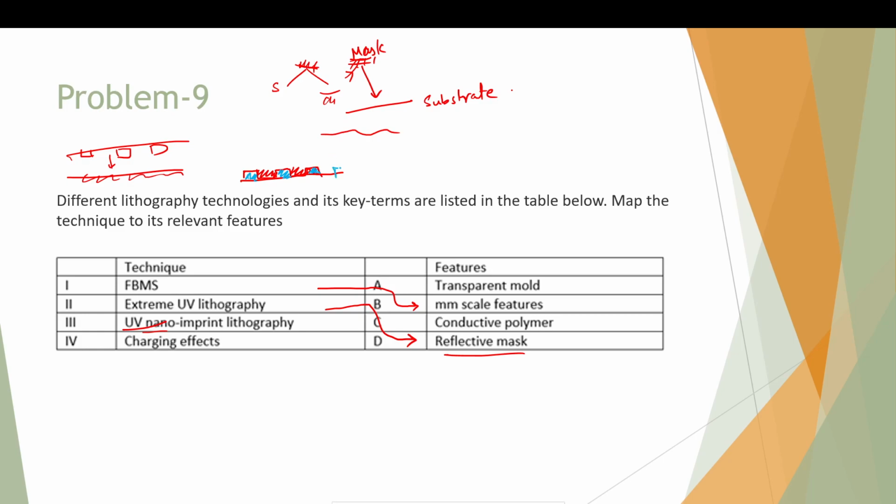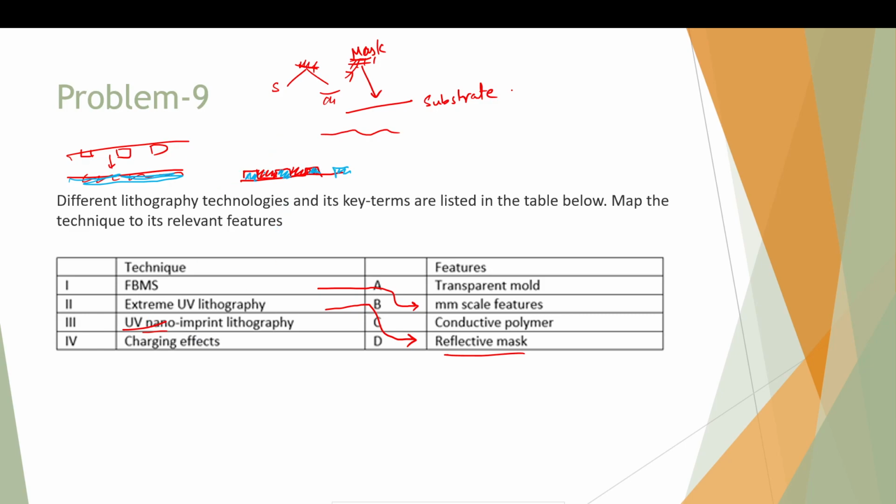The blue part is my PR, the red part is mask. I just press the mask onto my PR so that the PR gets removed from the regions where there is pressure from the mask, and it is there in the regions where the material on the mask is removed. So that's how we transfer the pattern.